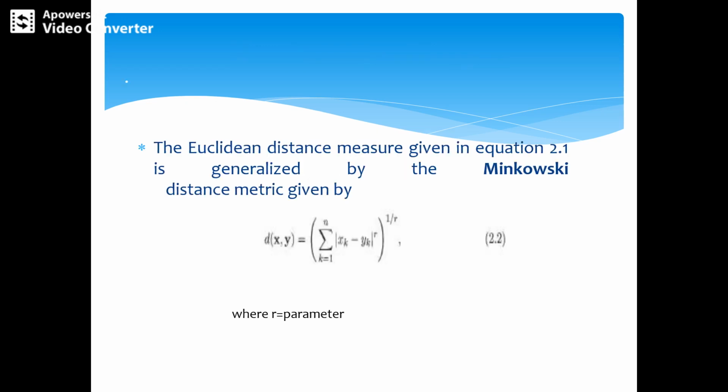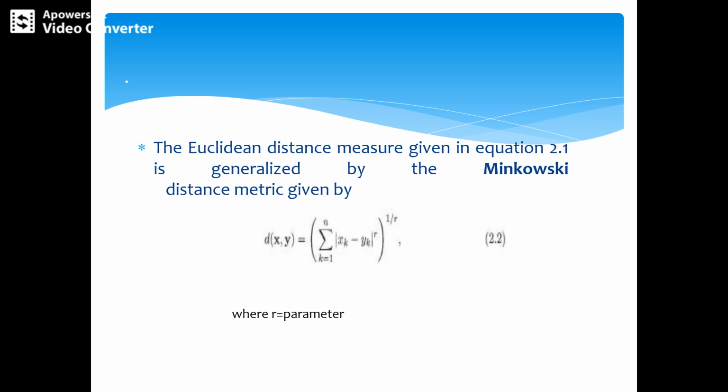Now, the Euclidean distance measure is given in the previous equation: distance of x comma y equals the square root of the summation from k equals 1 to n of (xk minus yk) whole squared. This is generalized, or extended, by the Minkowski distance.